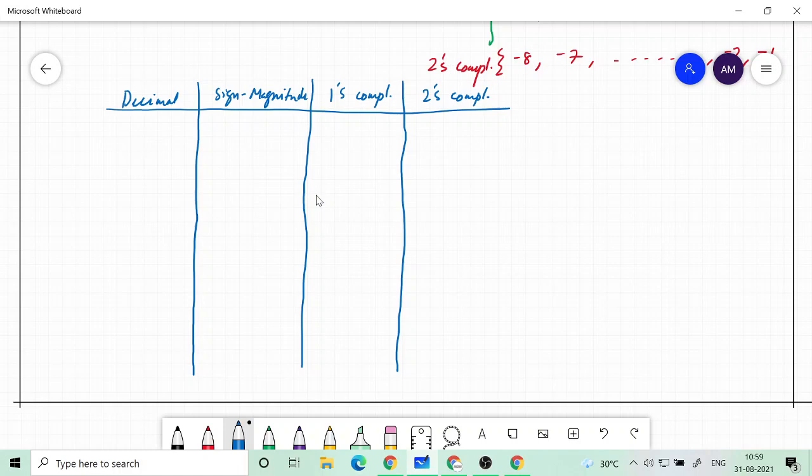So this is like 0, 1, 2, 3, 4, 5, 6, 7, 8, 9, 10, 11, 12, 13, 14, 15. So these are the possibilities and the corresponding sign magnitude form.